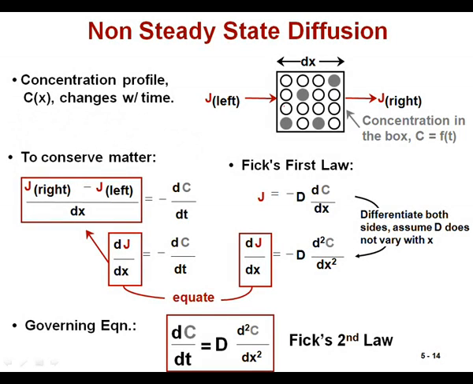So now, the concentration gradient is changing with time, and how much that concentration gradient is changing with time is related to the second derivative of the concentration with respect to x, so the curvature of the line there. And that's Fick's second law.